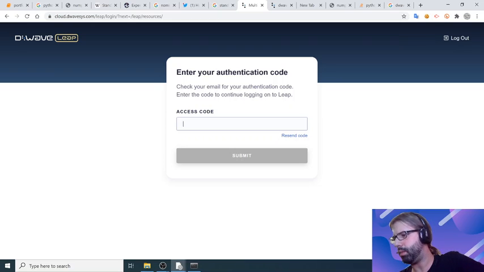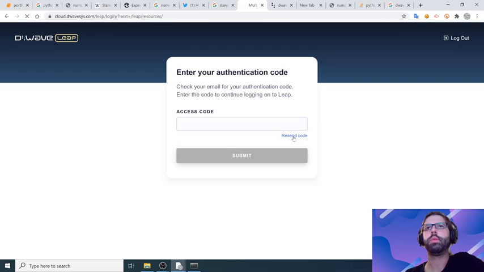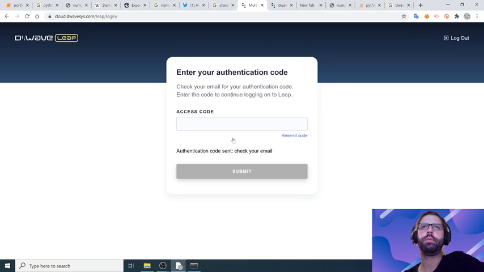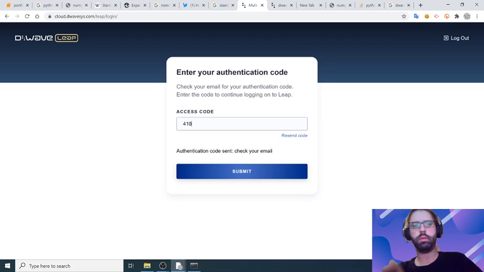I ain't got any email, I think. Resend the code. There you go. So the code is 410, 153.